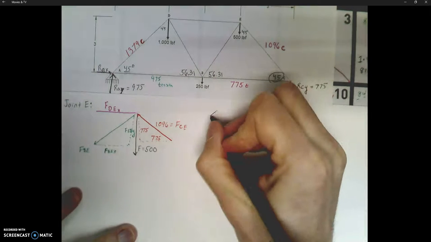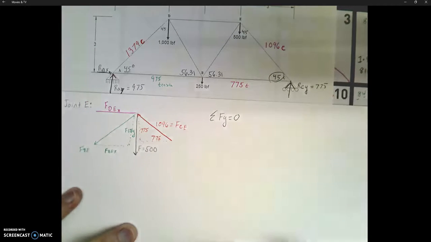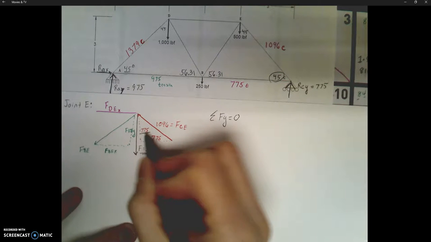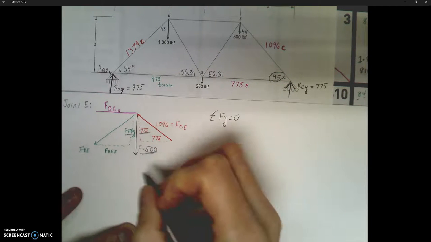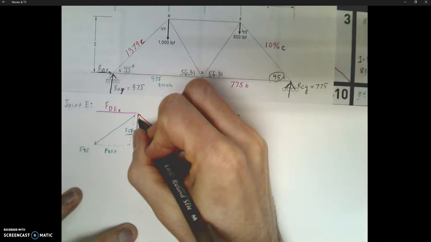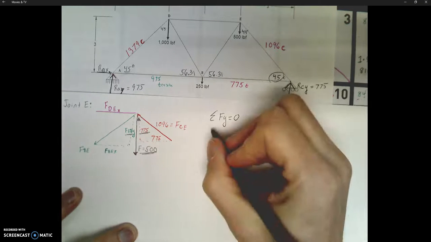So once we get that picture and we put our knowns and our unknowns, the sum of all the forces in the Y direction equals 0. So let's count. We've got 1, we've got 2, and we've got 3 different forces in the Y direction. The 500 is going down. The 775 is going up because it's applying compression that we calculated earlier. That's why we noted that compression.